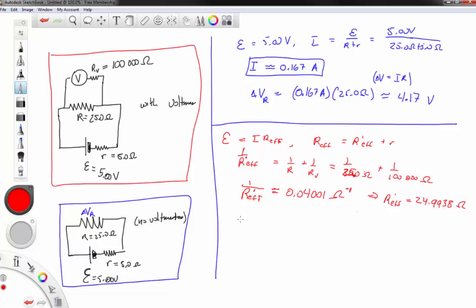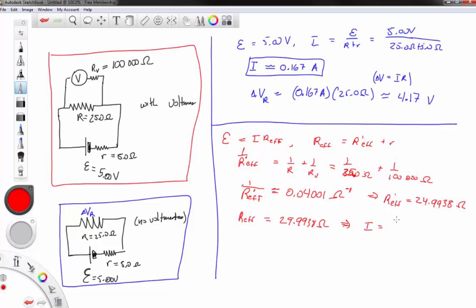So I'm just going to carry it to there. Okay, then to get the total R effective, you have to add this to the internal resistance, which was 5 ohms, and so you should have 29.9938 ohms.